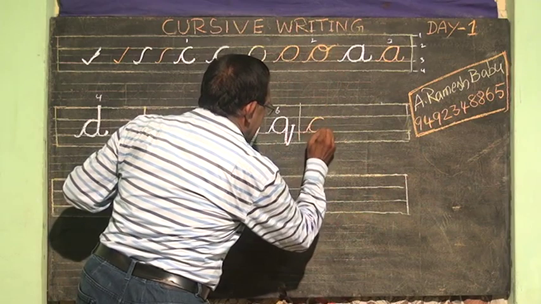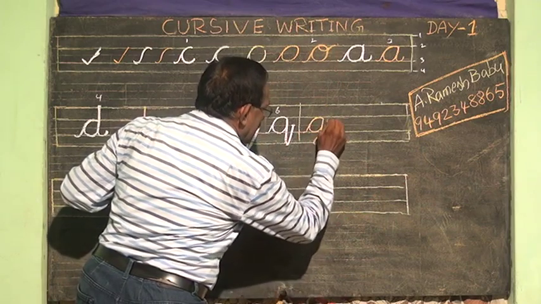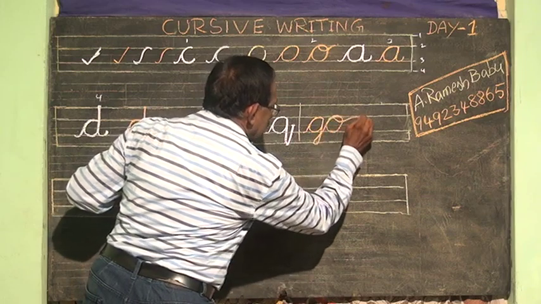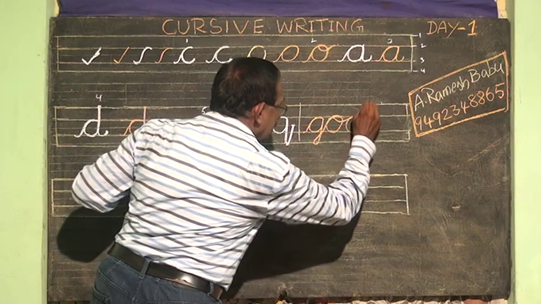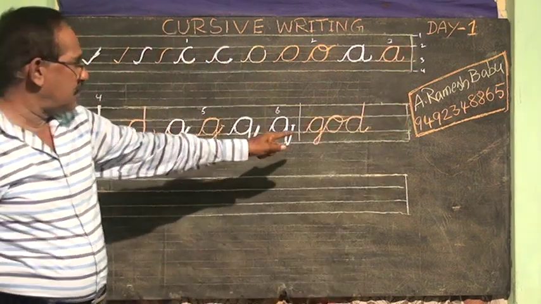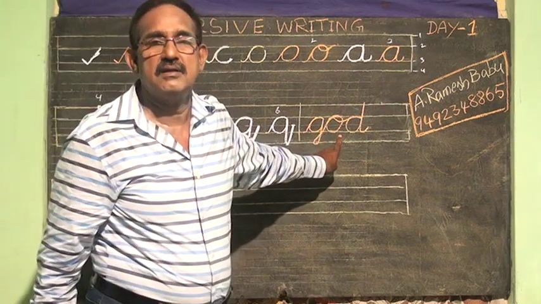Write down the G as usual. Okay, G. Now from this one you have to write down O. Curve here. From this one you have to write down D.